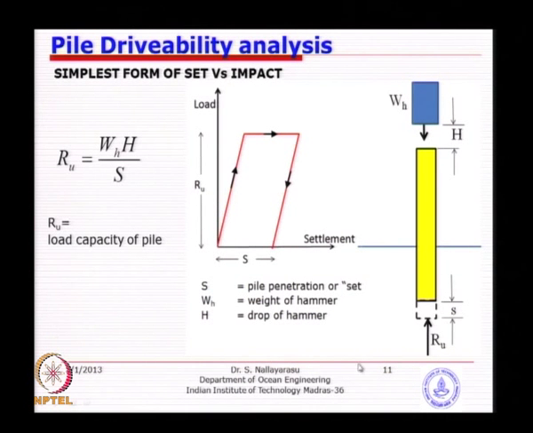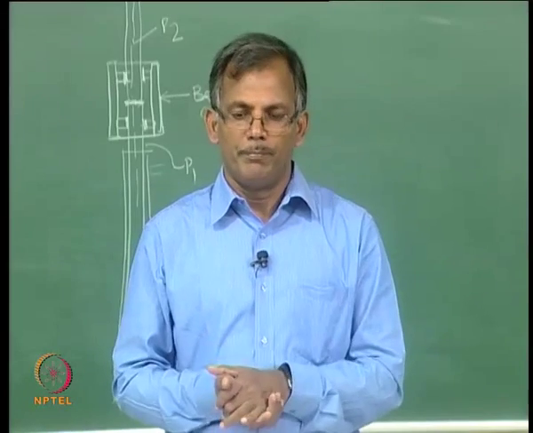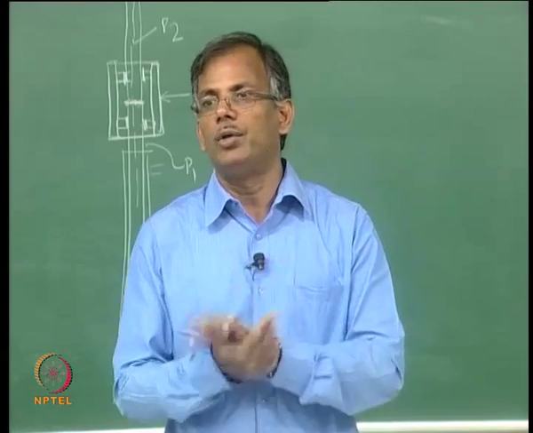When you are striking down, it goes some amount, and if the soil is deformed or failed, then you will have a plastic deformation. Once the load is removed, for example the hammer goes up after striking, the pile will try to come back, but not to the same zero situation, because plastic deformation of the soil has happened. So that is the primary model that we are going to use.